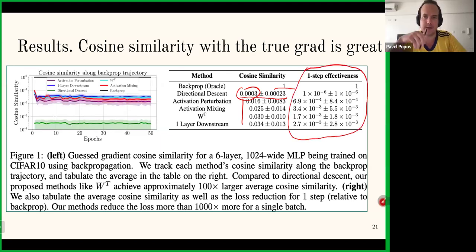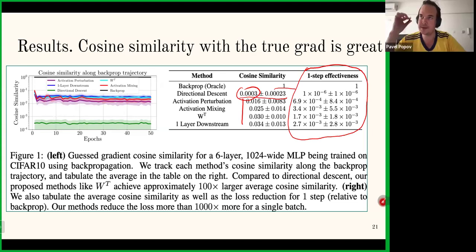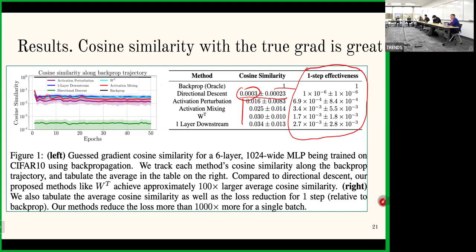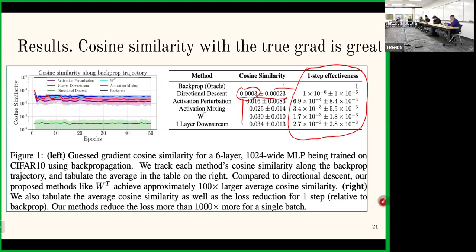Well, it is bad, but they are actually showing that it is enough for good training. What is one step? It's the effectiveness of minimizing the loss function per step with respect to back propagation. So if back propagation drives the loss 1 unit down, then the others are 3 orders of magnitude slower, basically.